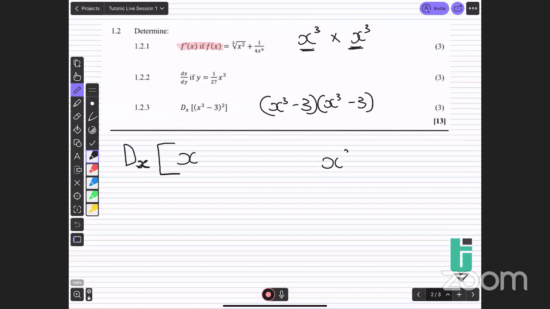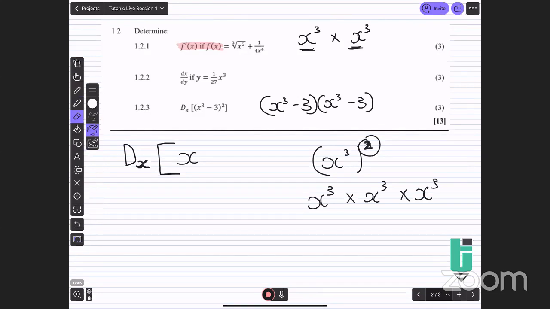If this was x cubed to the power 3, then it would be 9, because this means this. Whereas x cubed times x cubed is that. So what is it? x to the power of 6.